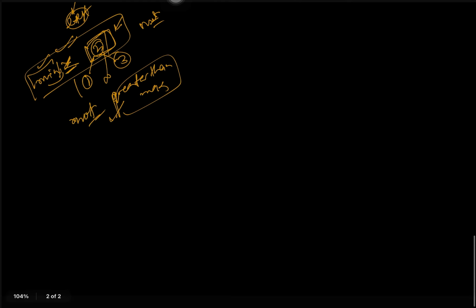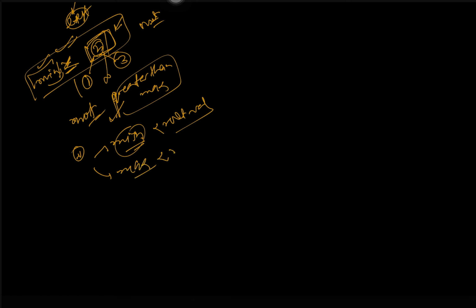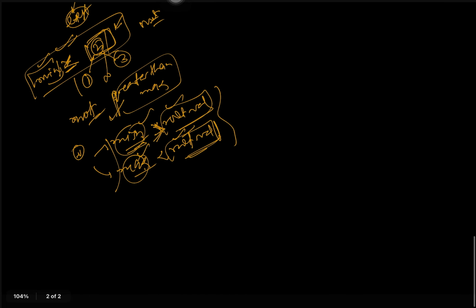So here we have two cases: if the node's value is less than min, it fails, and if the node's value is greater than max, it also fails. In both cases we get a false value.